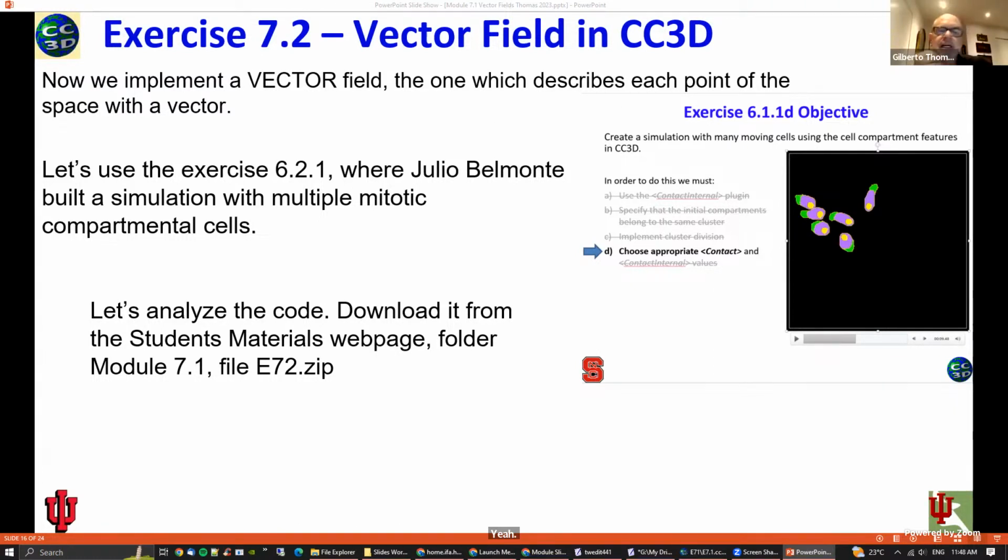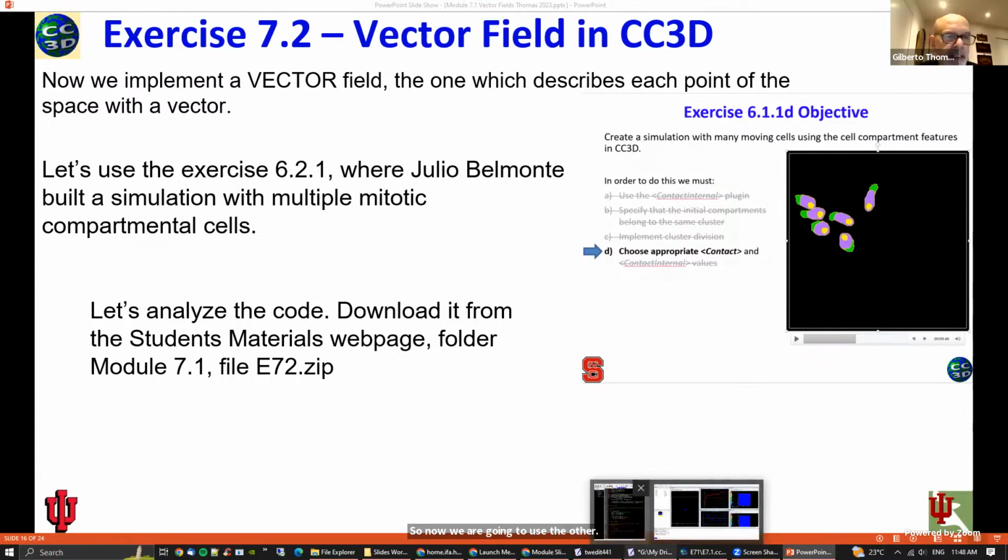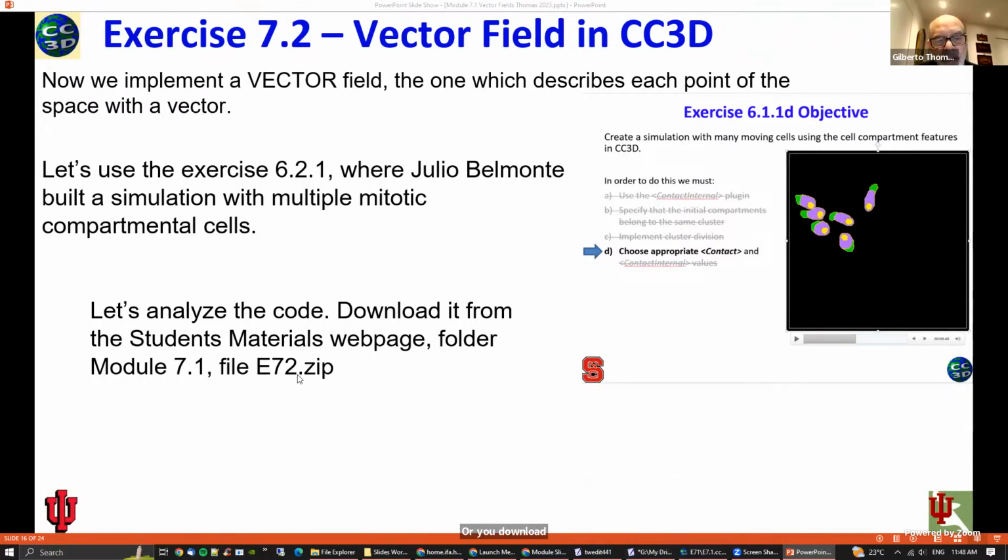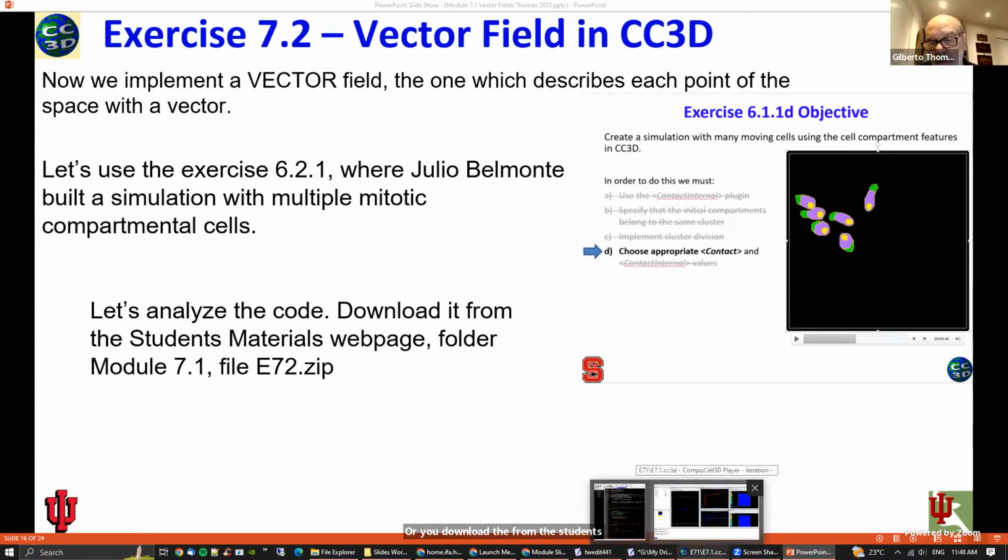Okay, sorry. We are going to try to describe the motion of those cells with the velocity field. So now we are going to use the other example that you can also use, the Julio example, to edit by yourself, or you download from the student's material the file e7.72.zip.